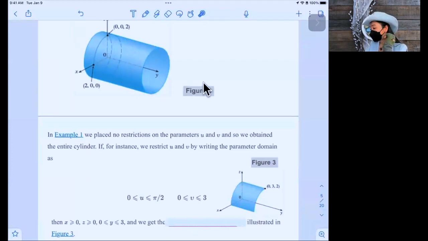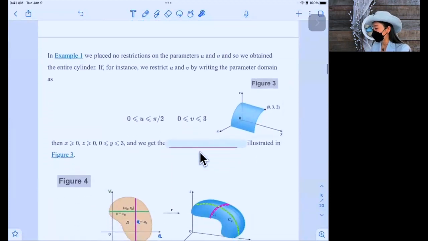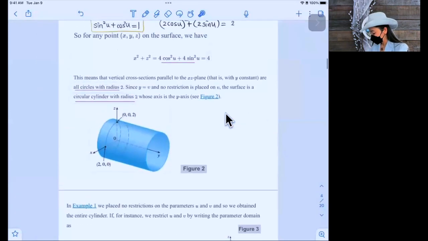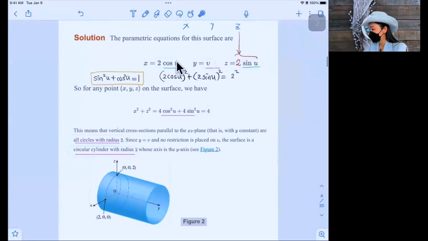Imagine a really long cylinder, a long pipe, extending forever along this y direction. However, we can actually restrict the u and v. For example, if we restrict u to go from 0 to pi over 2, and v to go from 0 to 3. What's u? Remember this is u, right? U is this angle right there.